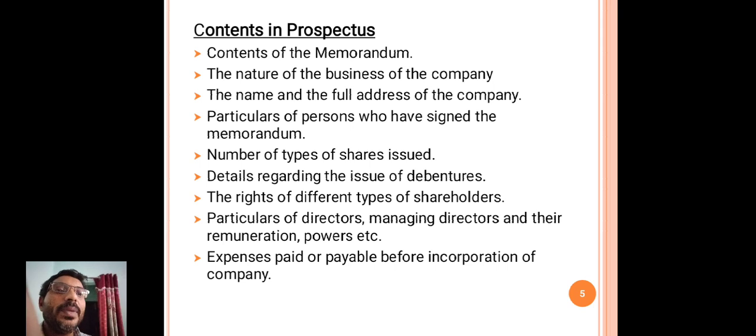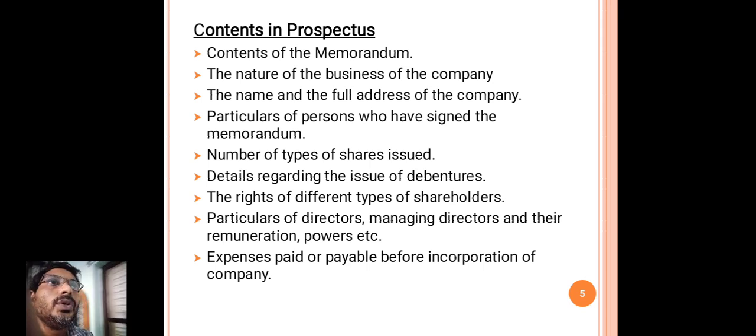The purpose of the prospectus is the intention of the promoters to offer the general public to purchase shares and debentures.